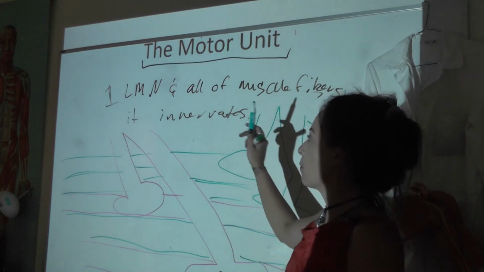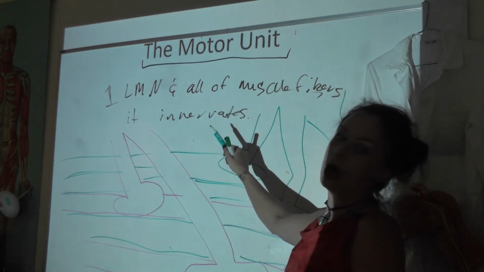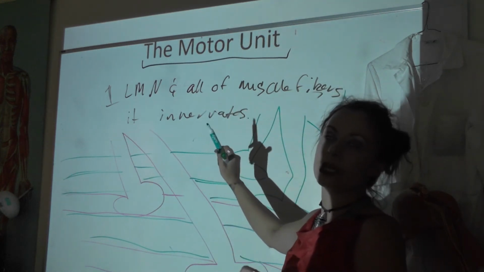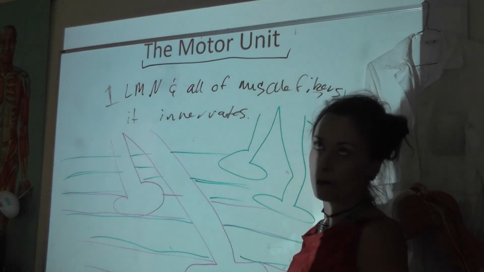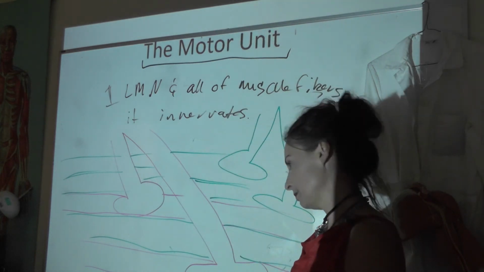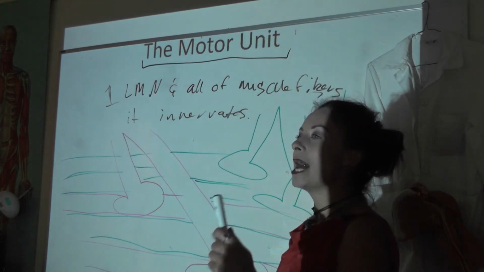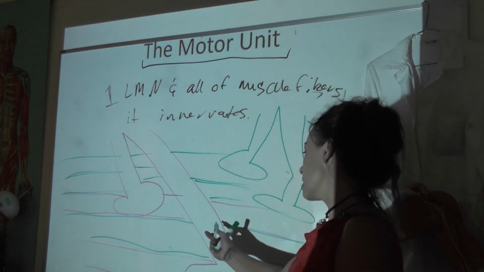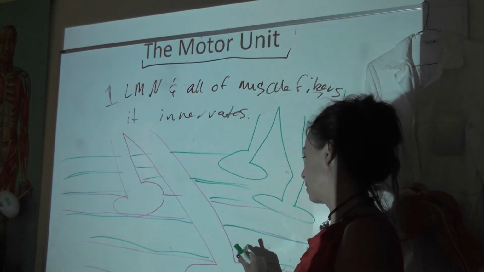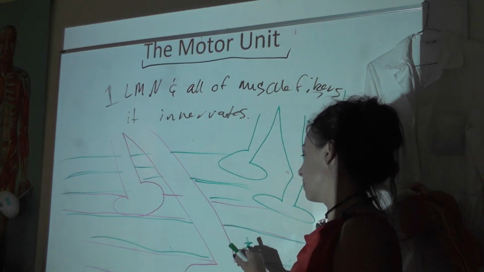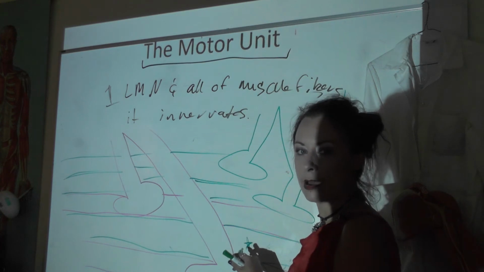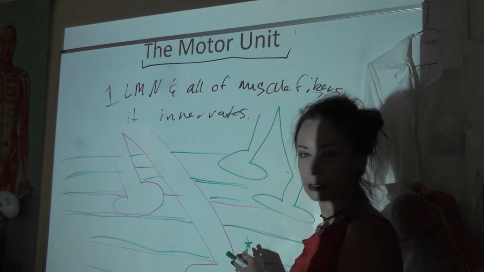You can have one lower motor neuron that innervates multiple muscle fibers, but you cannot have one muscle fiber that is innervated by more than one motor neuron.